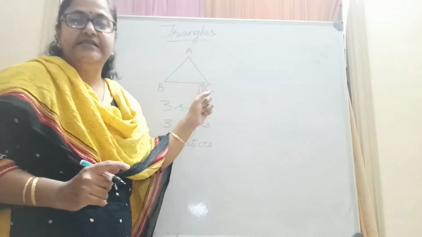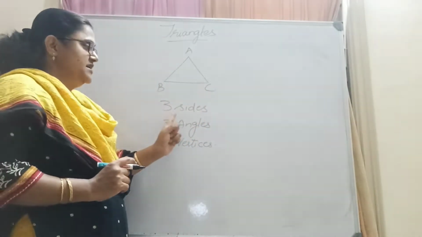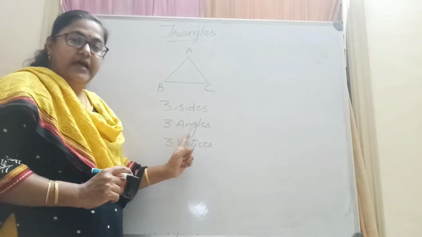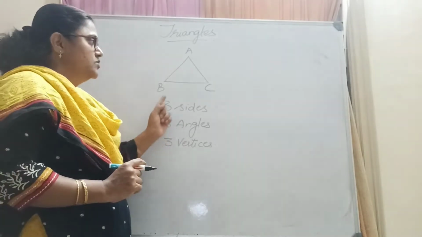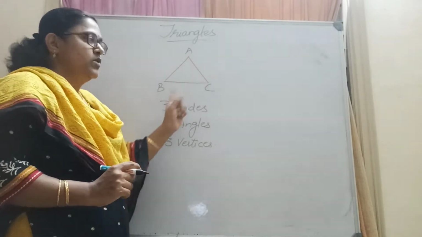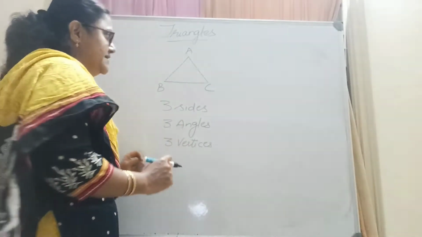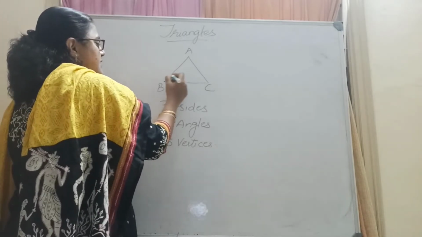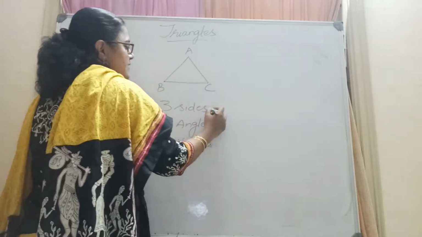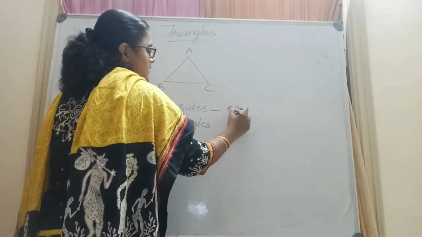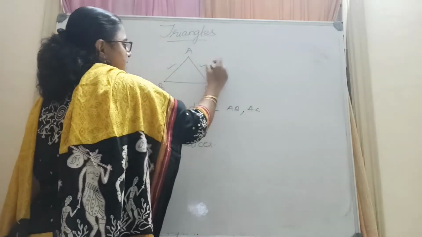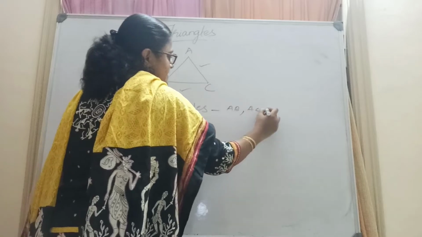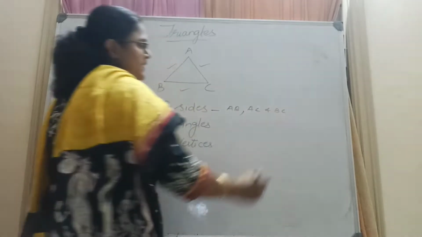Now, shall we just discuss what are all these? Three sides. The three sides are AB, AC and BC.